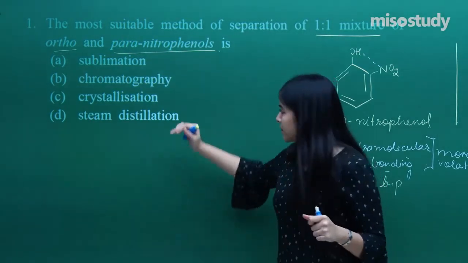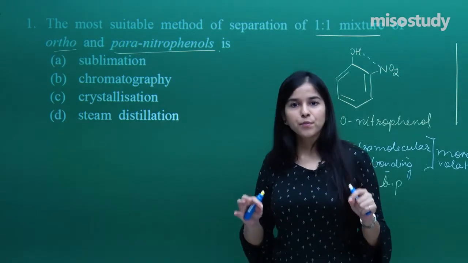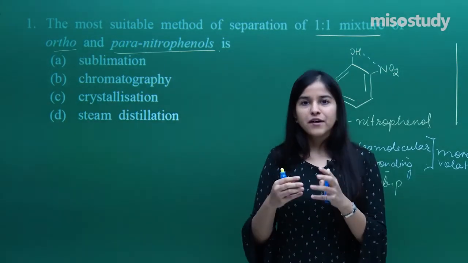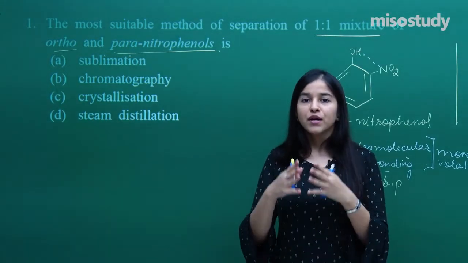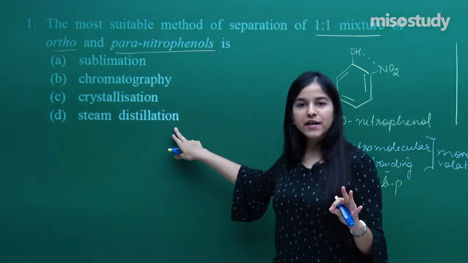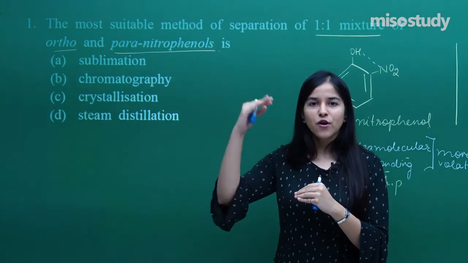If you look between crystallization and steam distillation, steam distillation seems appropriate depending upon the boiling point difference. If we have different boiling points, we can use the steam distillation method. First, the one with the lower boiling point will be distilled off.